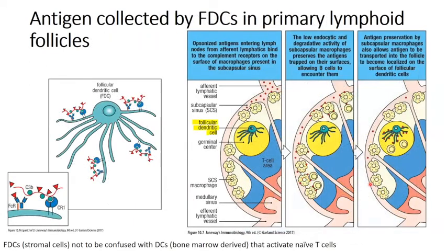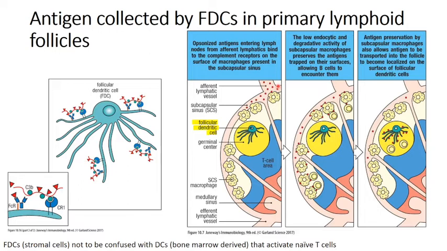So the antigens themselves, like I mentioned, drain into the lymph node in a slightly different way. The antigens shown as these little red blobs drain into the lymph node through the lymphatic system. The lymphatic system, shown here in pink, is the interstitial fluid between all the cells, and it's collected by lymphatic ducts, which are connected to these draining lymph nodes.